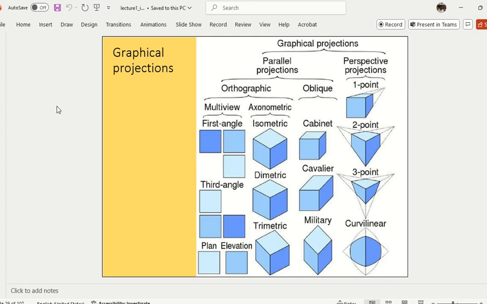This is the problem with 2D views. 2D is easier to make, easier to see, easier to read. But is it complete? 2D is not complete, right? If there is a wall, look at this wall. If I measure this dimension, is the wall complete?